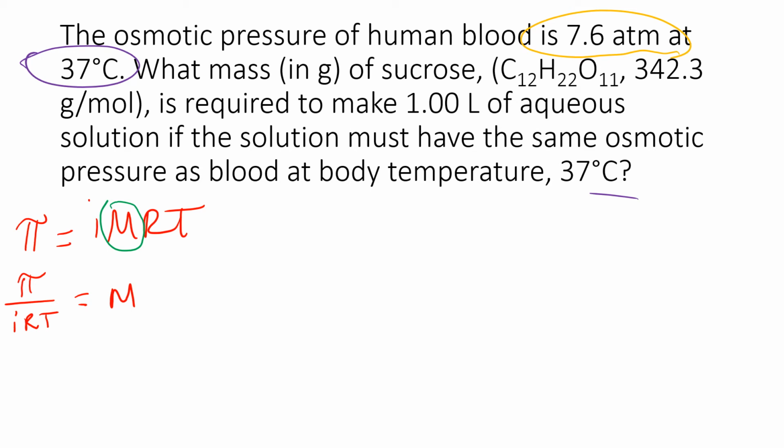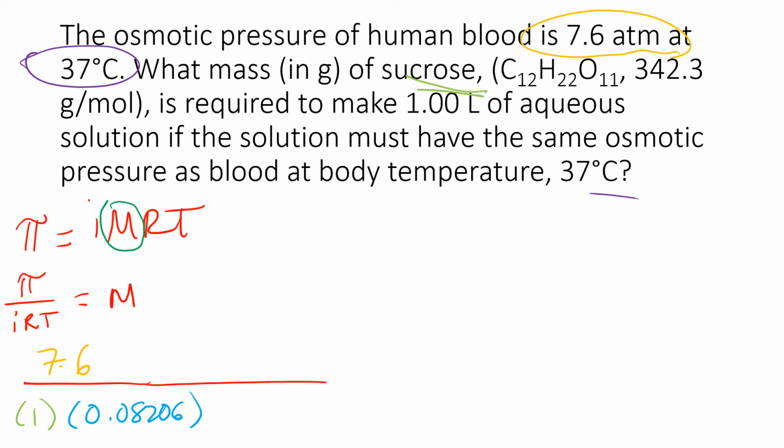So I'm going to plug in my atmospheres for my pressure. It's going to be over my Van't Hoff factor, which is going to be 1 because this is all still a non-electrolyte, times 0.08206, that's my R. Then my temperature needs to be in Kelvin, so 37 degrees Celsius plus 273, that is going to be 310 Kelvin.